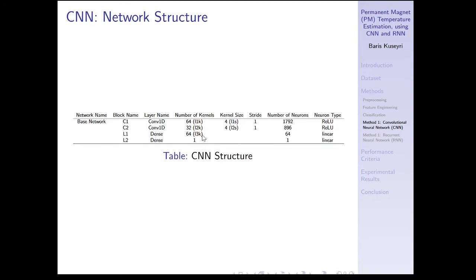I have taken the values that have a code next to them as my variables, and I altered these variables to experiment with the performance output of these networks. I'm going to present the performance outputs of these networks in the experimental results section.